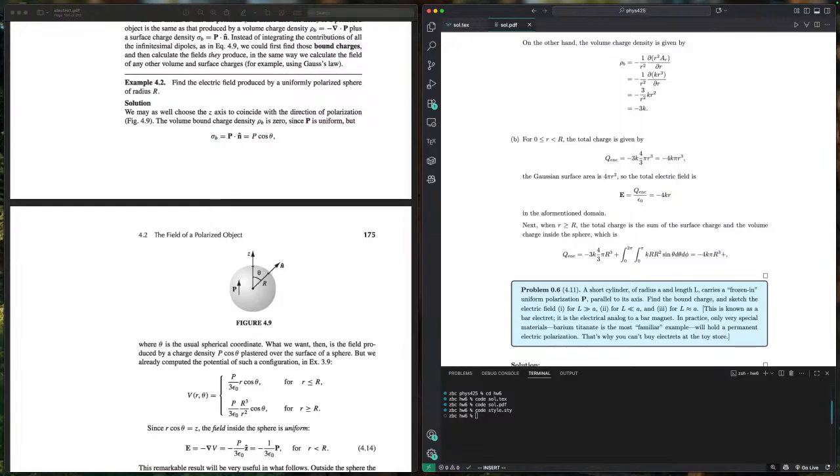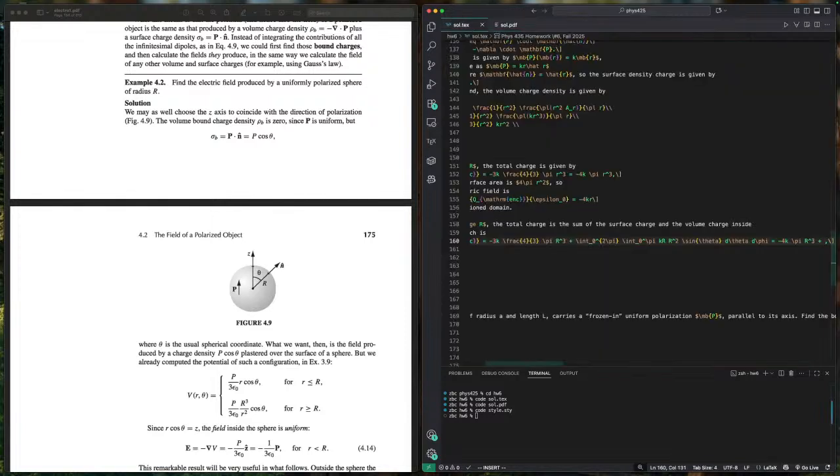So cosine 0, 1 minus cosine pi, 2, right? Let's try again. Cosine pi is negative 1 minus cosine 0, so negative 2, negative positive.